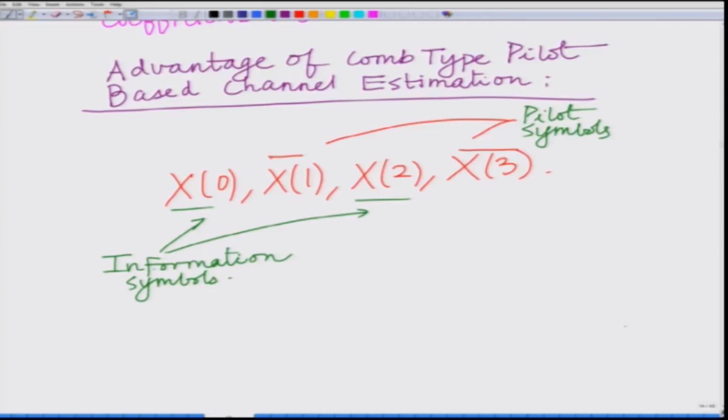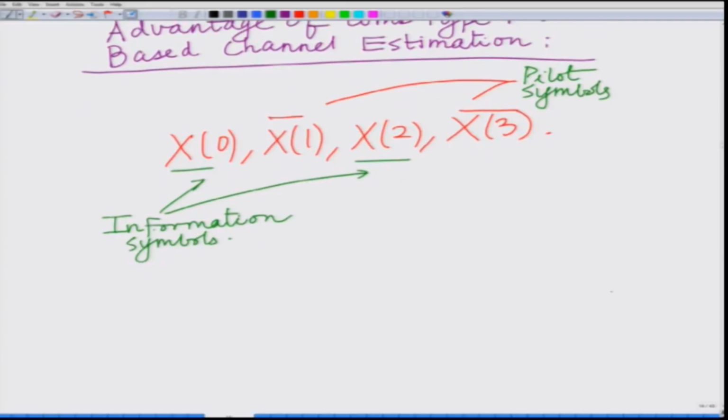So since you are transmitting pilot symbols and information symbols, that is, you are not entirely transmitting pilot symbols.